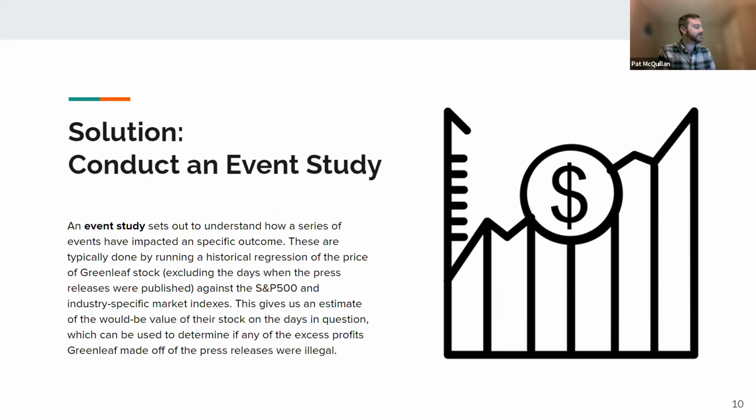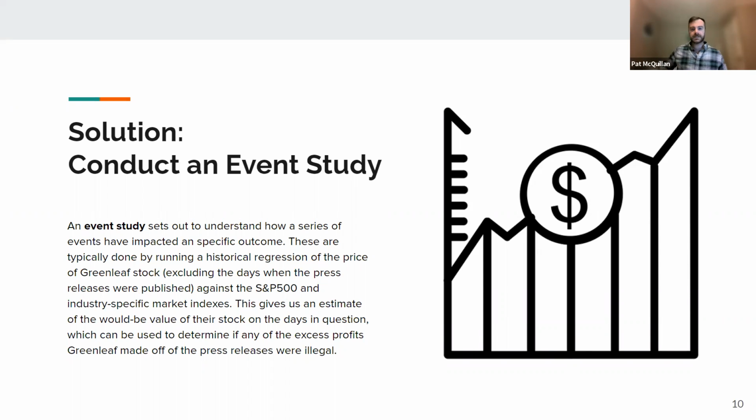These are typically done by running a historical regression of the price of Greenleaf stock. We remove the days when the press releases were published so that there's no single day spike factored into the regression where maybe it jumps 20% in a day. And we run it against the S&P 500 or some industry specific indexes. And we have those indexes here.